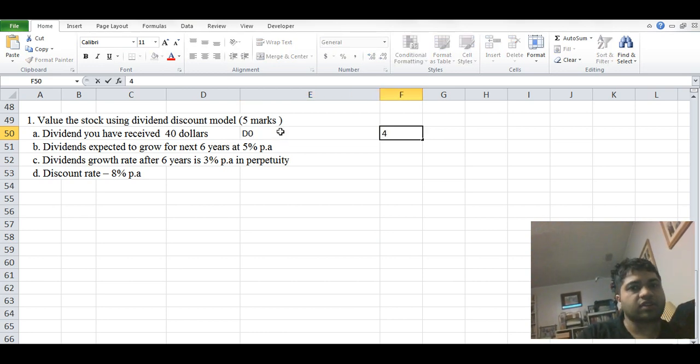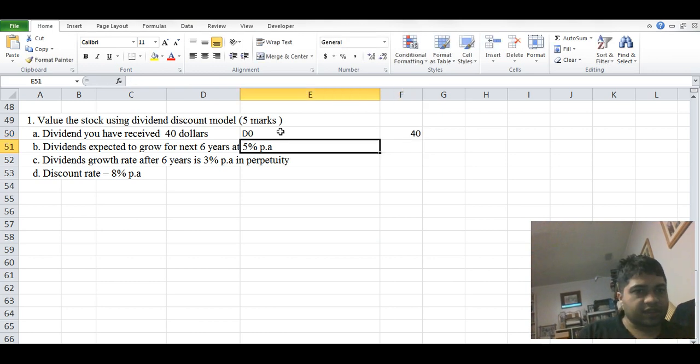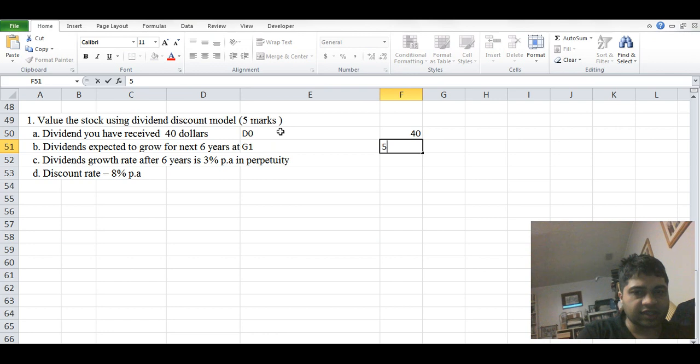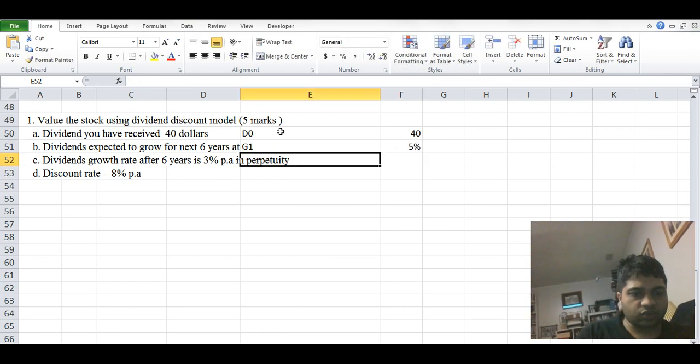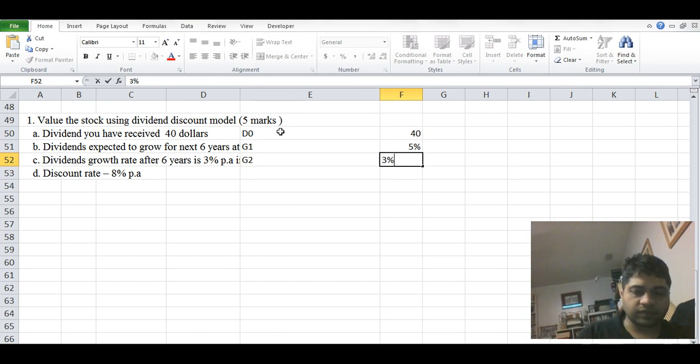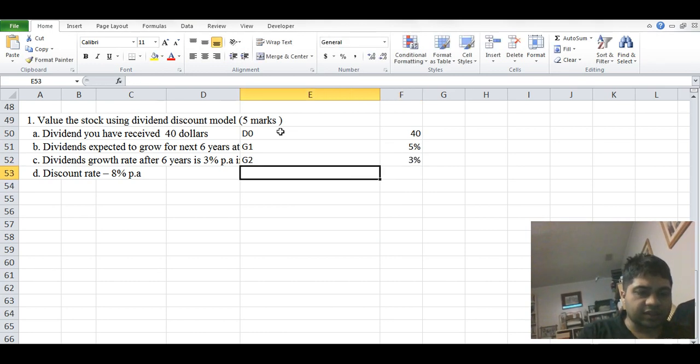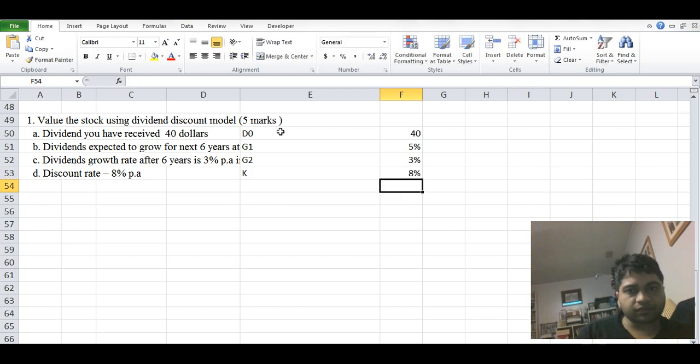D0 is $40. Then they have given G1, that is 5% again. G2 is 3% and discount rate K is 8%. Now they're asking you for intrinsic value.